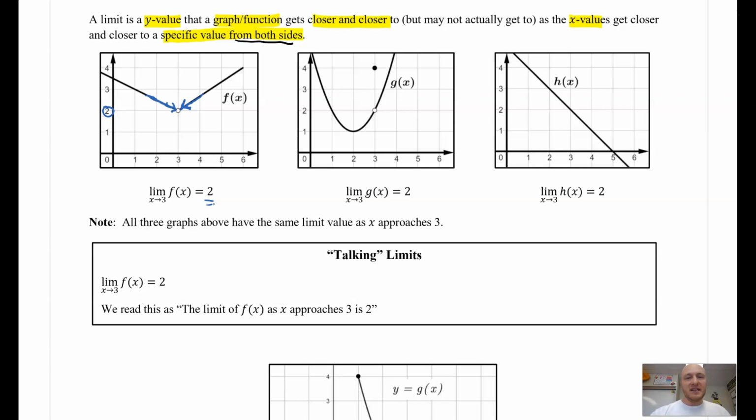Let's look at the second example. Here we have g of x. Again, as x is approaching 3, this time coming from the left, it's approaching 2, and as it approaches the value of 3 from the right, it is also 2. So our answer is 2. Then example number 3.